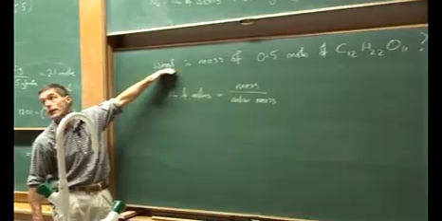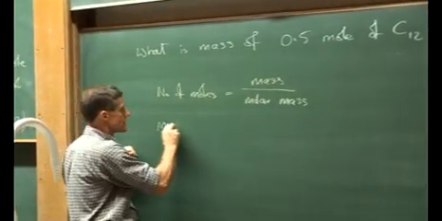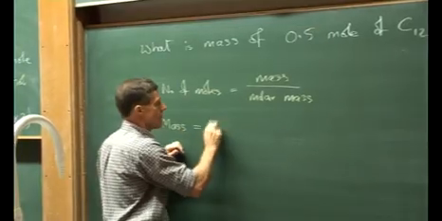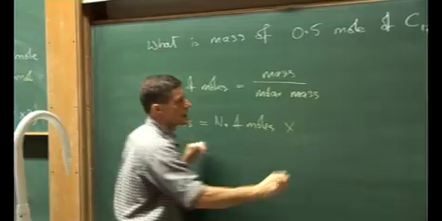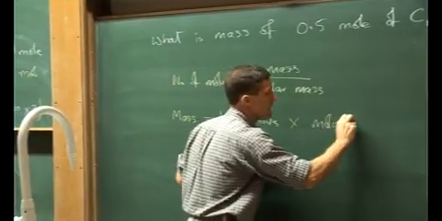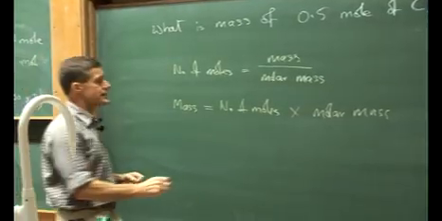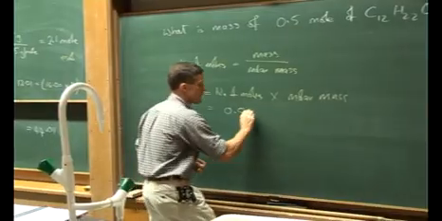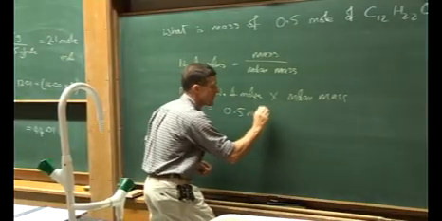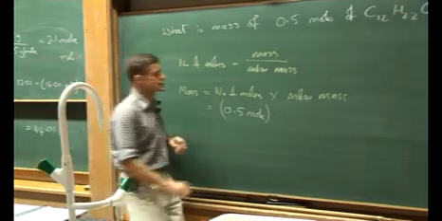In this equation, I want the mass, so rearranging this, mass is number of moles times molar mass. I can now put in the figures. 0.5 moles is what I'm interested in for the question.